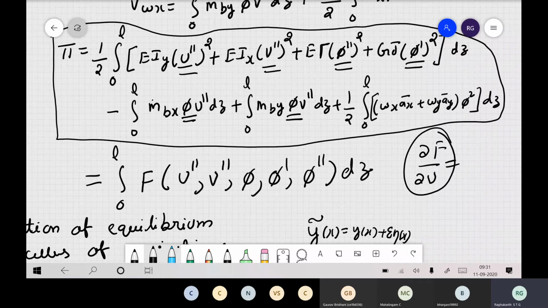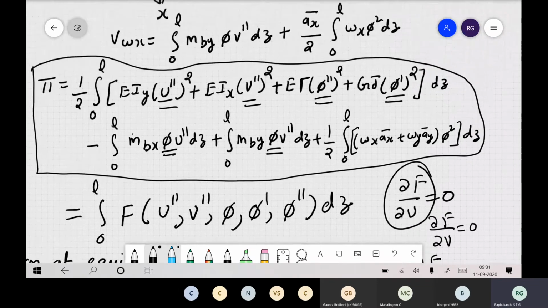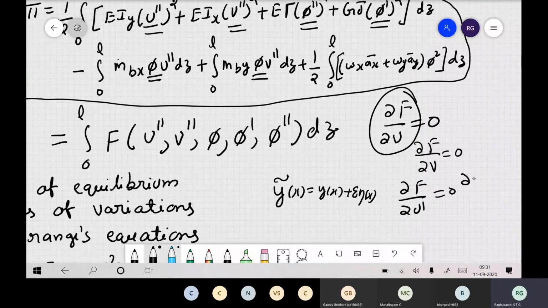So dou f by dou u is 0. Now similarly, dou f by dou v is also equal to 0. Now dou f by dou u dash, this is a derivative of this function with respect to the first derivative. There is no u dash or v dash in this expression, so dou f by dou u dash is also 0.